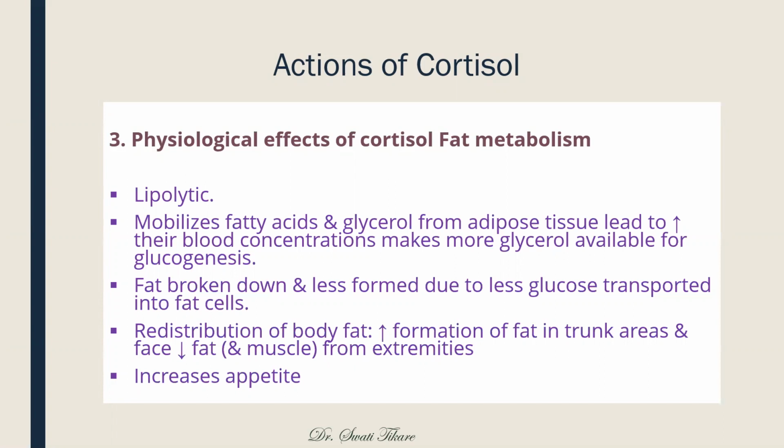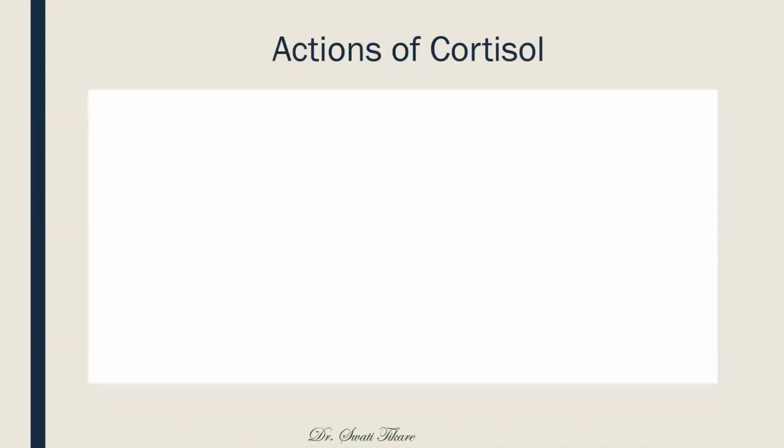We do not know exactly why this redistribution occurs, but this is what is happening. And there is also an increase in the appetite. This is all the action on the fat. Basically, it is lipolytic and causes redistribution of the fat over the truncal areas. That is the gist of the action of cortisol on fat metabolism.